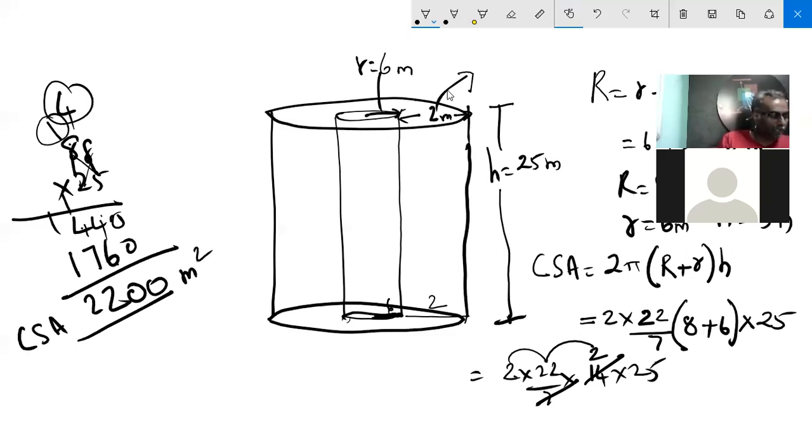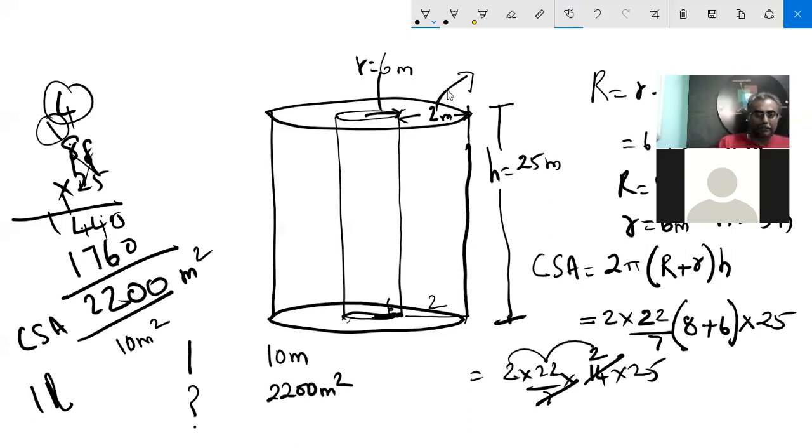Now he's telling 1 liter of paint will cover 10 meters square. How many liters will cover 2200 meters square? That is the question. So 2200 by 10 into 1.